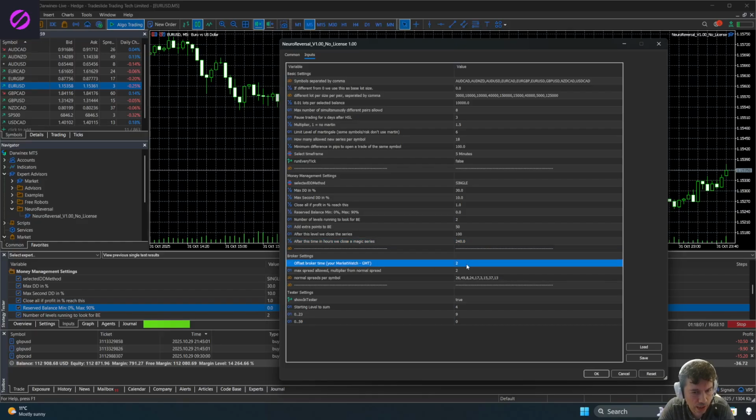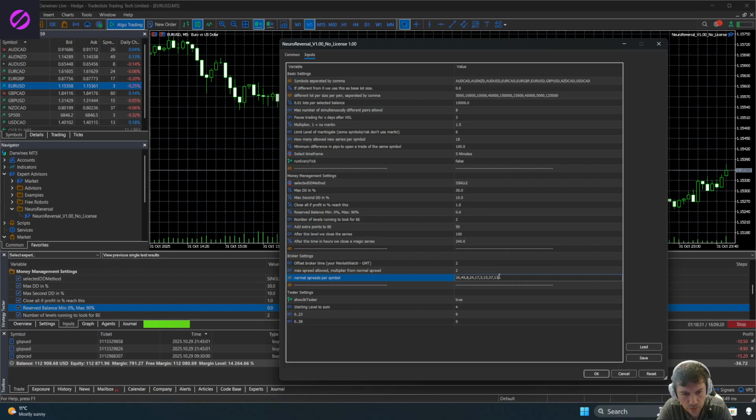This is for your broker. Normally it is 2. You can compare your time in the market watch with the GMT. For most brokers it's 2 hours. Okay, here we are setting the normal spreads of your broker. These are very bad spreads, but it's okay.